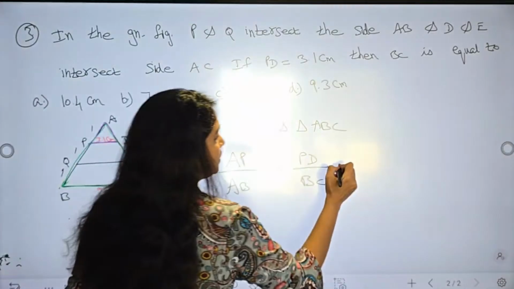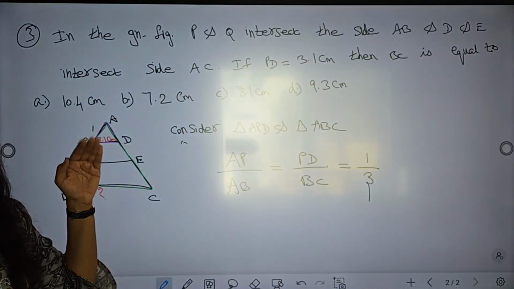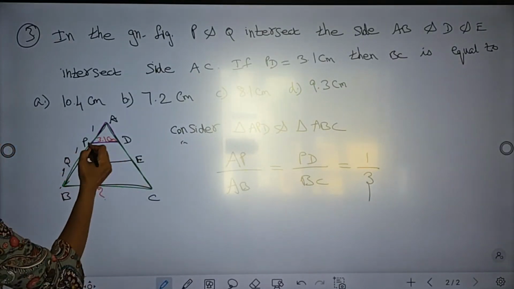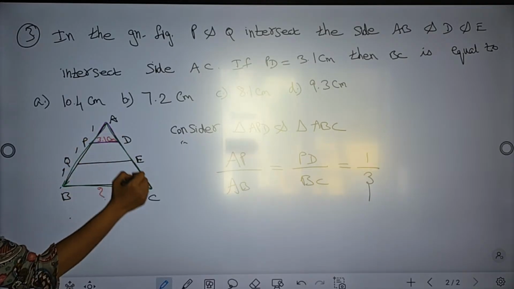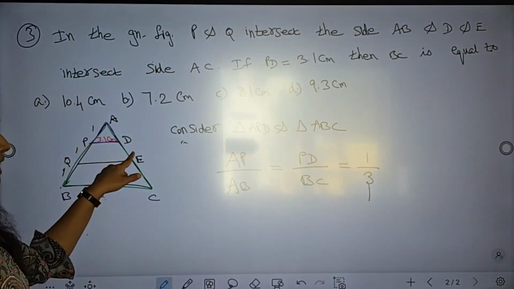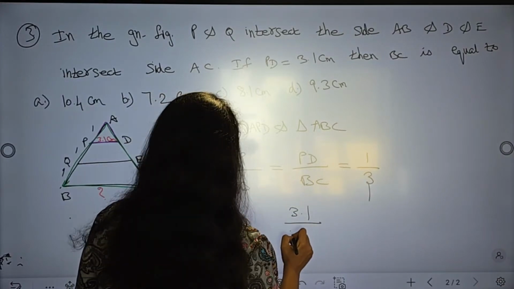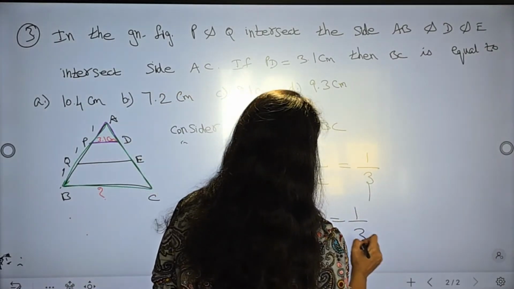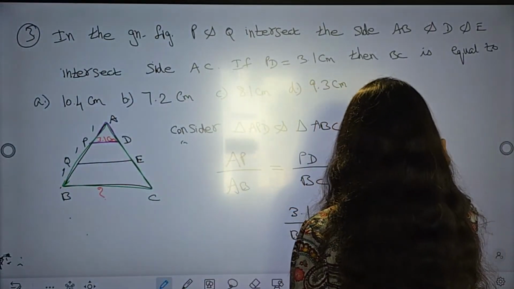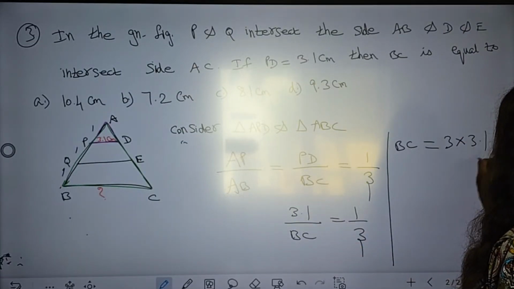And we know the smaller and the bigger triangles are in the proportion of 1:3. By looking at the triangle itself, we can easily visualize it. And we also know the PD value, just substitute it. PD is 3.1 and we need to calculate the BC. Then we know it is in the proportion of 1/3. Now, BC is nothing but 3 into 3.1. That's it.